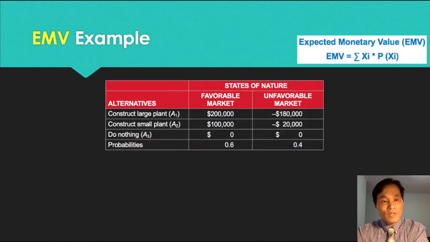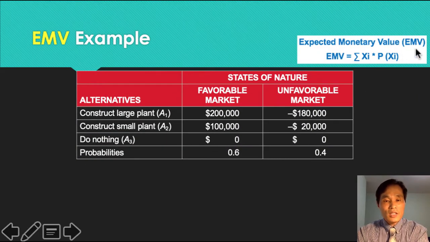What about EMV? EMV is defined as expected monetary value, and simply you are going to multiply the expected outcome by the probability of the situation, and that will produce expected monetary value.